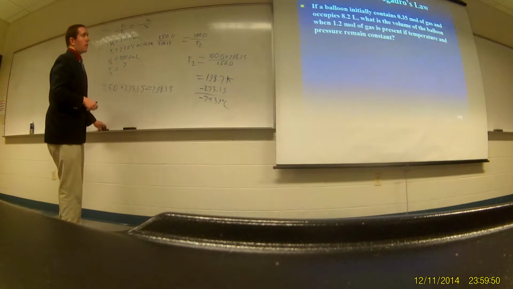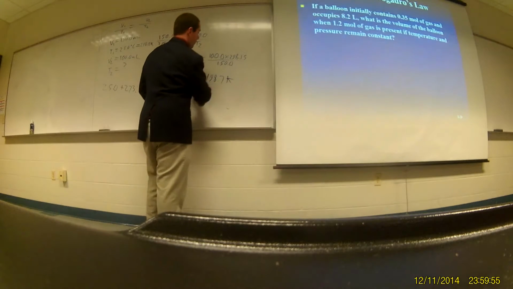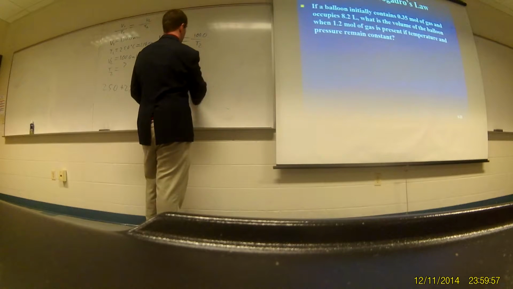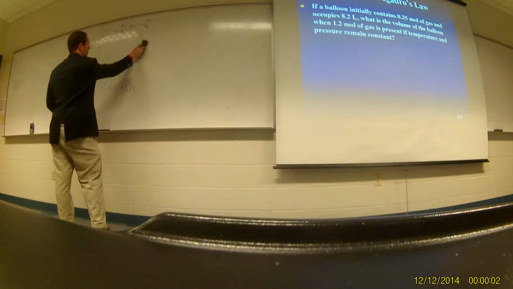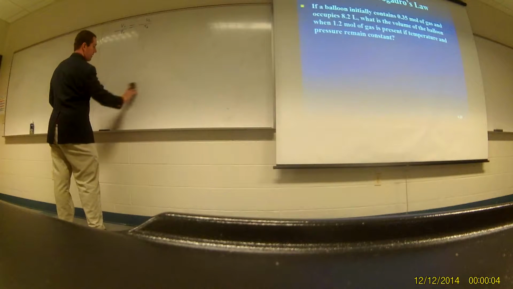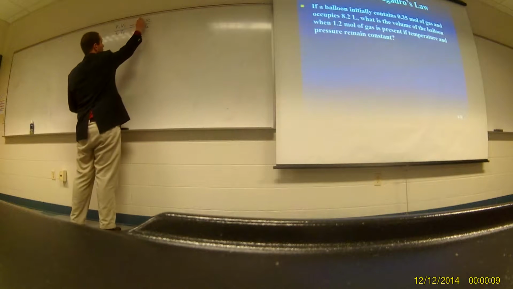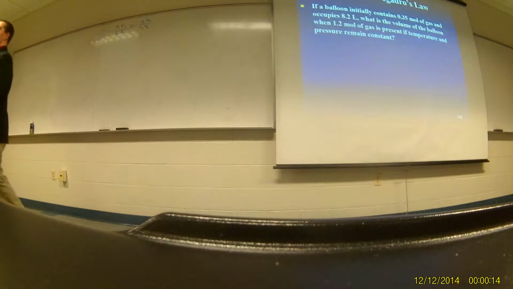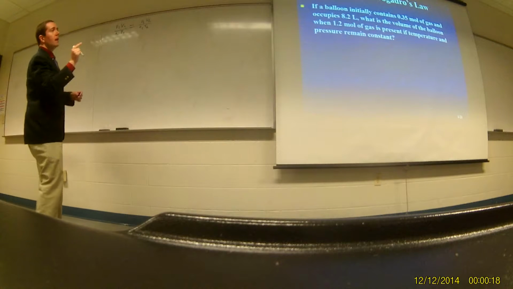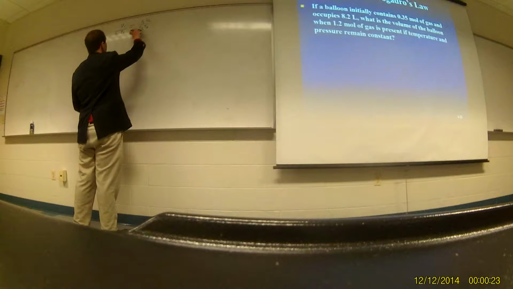So here's another one. This one's Avogadro's law, but we don't have to remember what Avogadro's law is. We can just come back to our combined gas law and fix it to match our problem. I'm going to put the P's and the N's back in. Which variables can I erase here? Pressure and temperature. So in this case, we're just dealing with volume and moles.